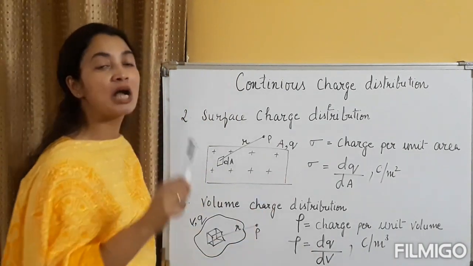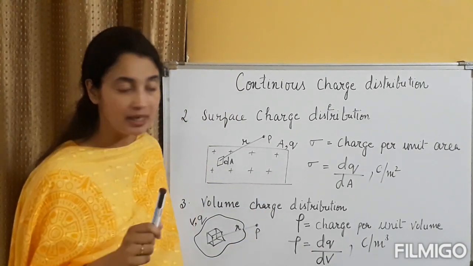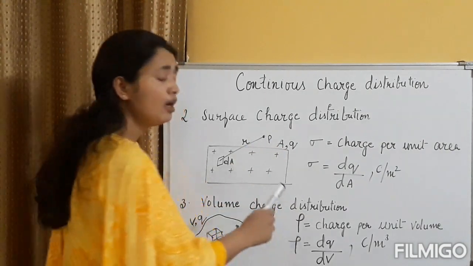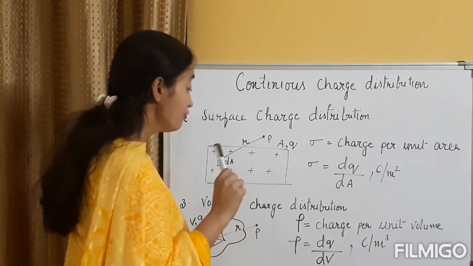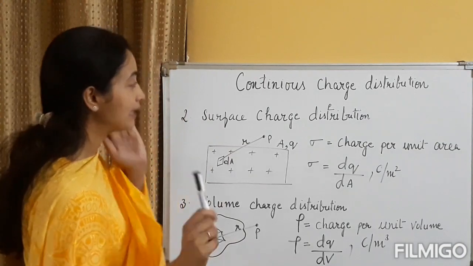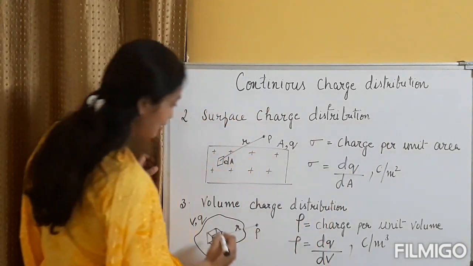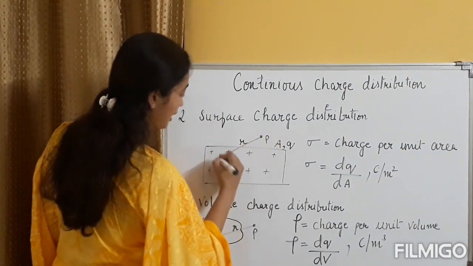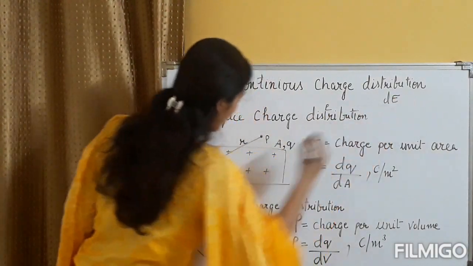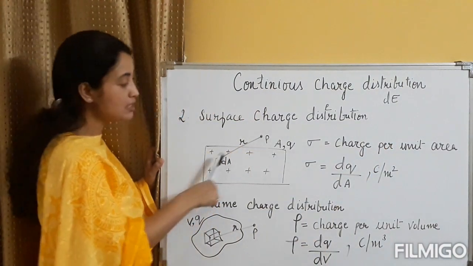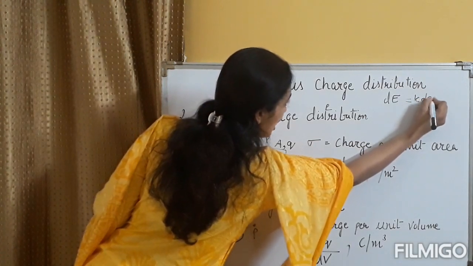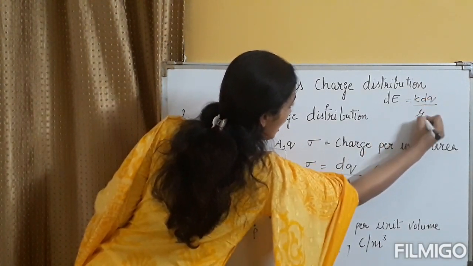So you have linear charge density lambda, which is dQ by dL. Surface charge density sigma, which is dQ by dA. And volume charge density rho, which is dQ by dV. So in order to find the electric field, suppose we have to find the electric field at any point, say P, due to this small sheet, then the small electric field due to this small area, which has small charge dQ, will be K dQ upon R square.